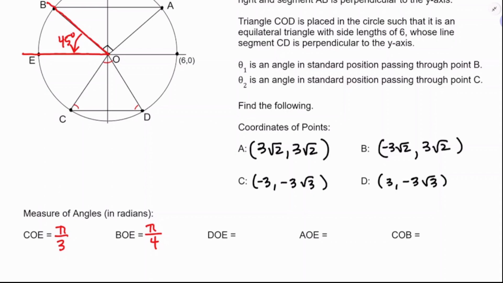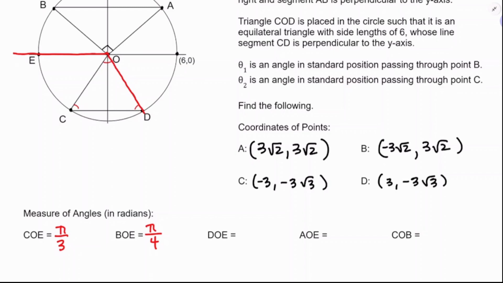DOE. So D to O to E, and I'm just going positively here. I understand that if it starts at D and then goes to O and E, that might feel like negative.